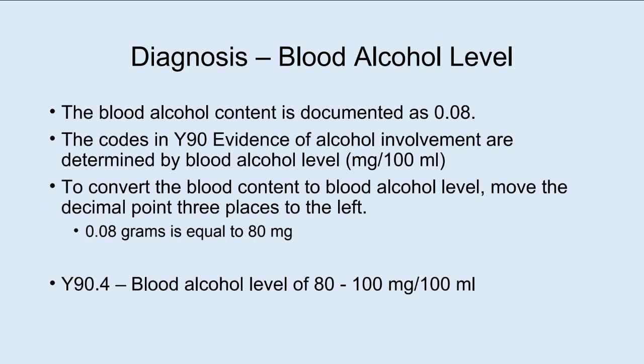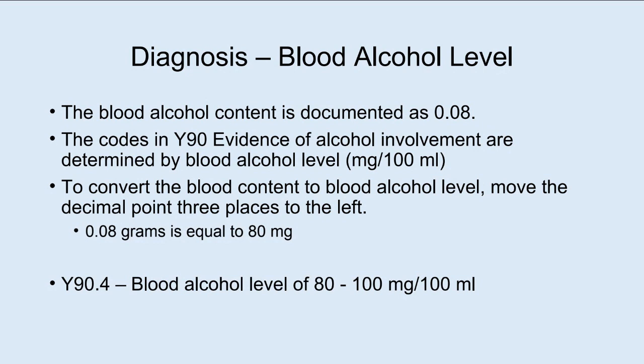You see that the tabular list has these as blood alcohol level, milligrams per 100 milliliters. The documentation, however, uses blood alcohol content, 0.08. So, to convert blood content to blood alcohol, move the decimal point 3 places to the left.